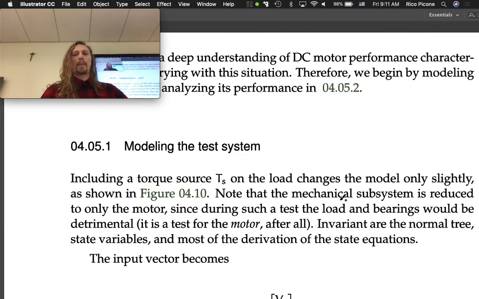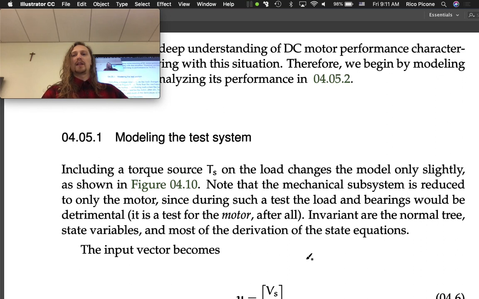Note that the mechanical subsystem is reduced to only the motor. In the previous lecture, we had the flywheel on there and the external bearings, since during such a test, the load and the external bearings would be detrimental. It is a test of the motor, after all, and not the external apparatus.